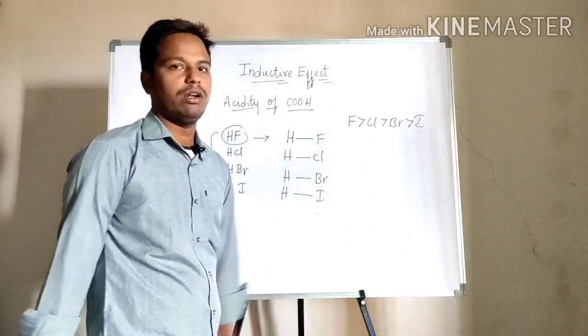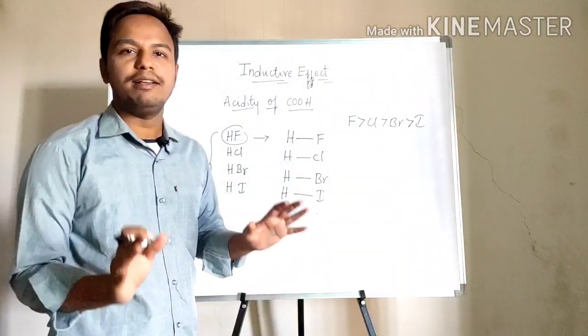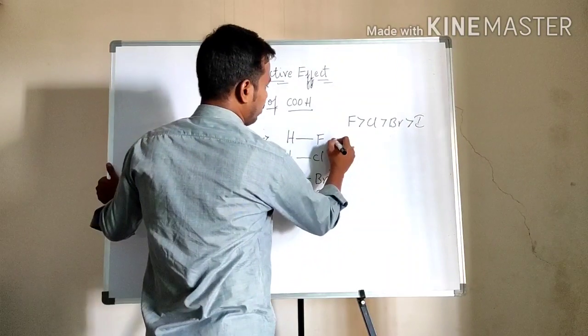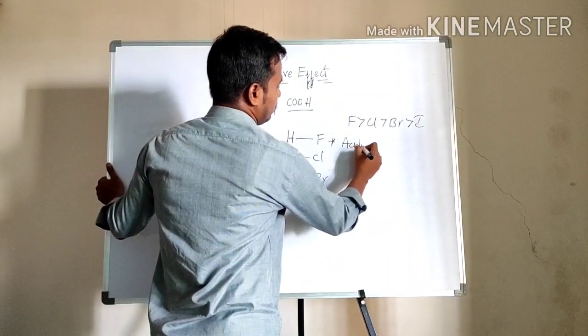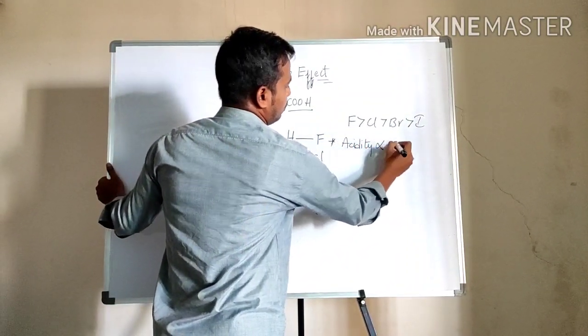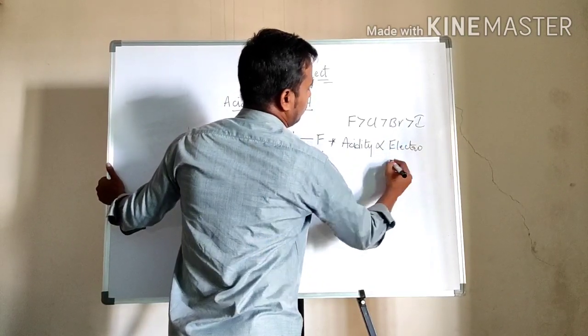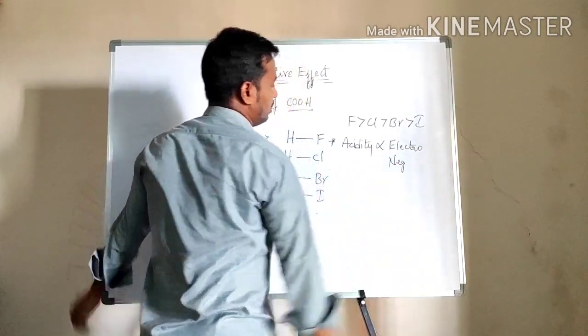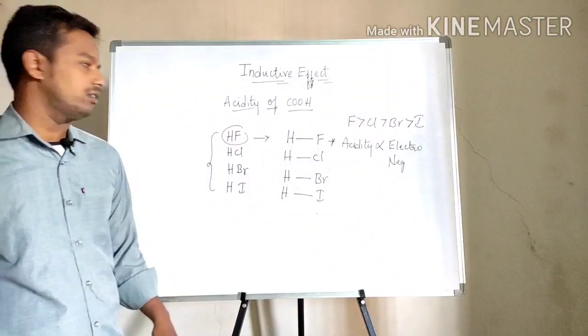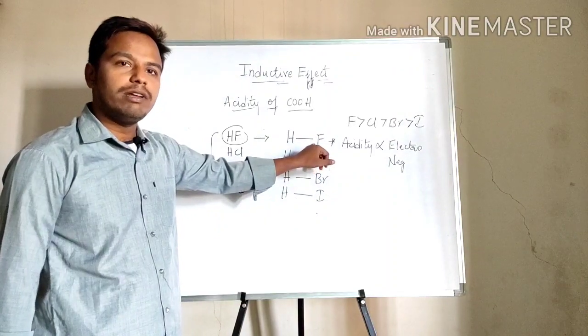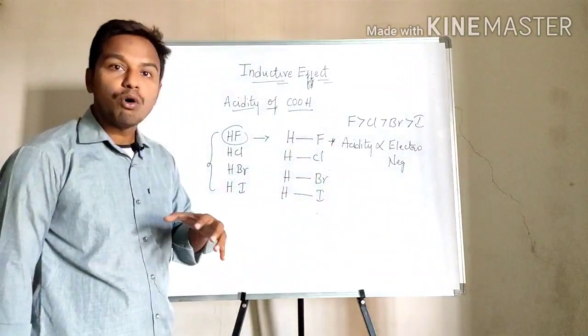This is the actual order. So note this point: acidity is directly proportional to electronegativity. Fluorine, being the most electronegative element, pulls the electrons more towards itself.